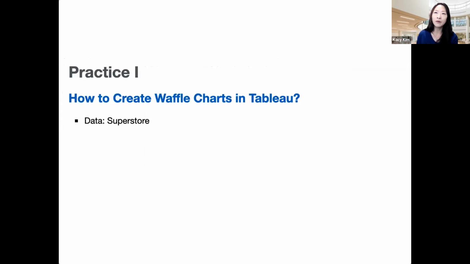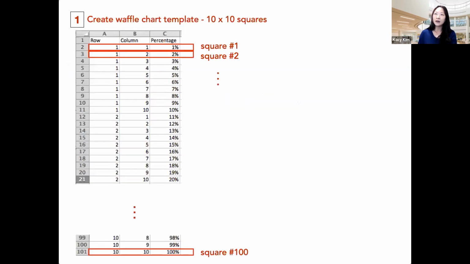If you're interested in my step-by-step manual, which is for my students, feel free to email me and I'll be happy to share it. I use the Superstore data, but before connecting the target data, you have to prepare the waffle chart template.